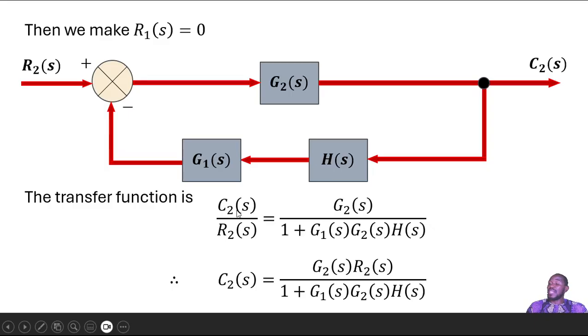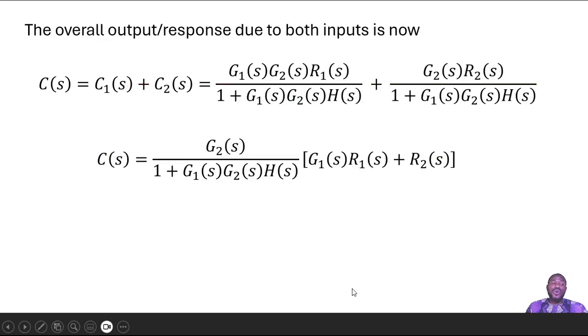Okay, so this is the transfer function. So what that means is that your second output C2 of S is, you multiply both sides by R2 of S, and then you have this guy G2 of S, R2 of S, all over this guy down here. Okay, so the overall response of this system to these two inputs by the principle of superposition is going to be the sum of the individual outputs that we got by applying those inputs individually.